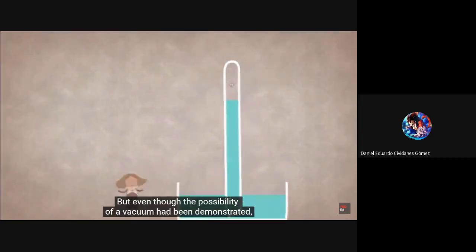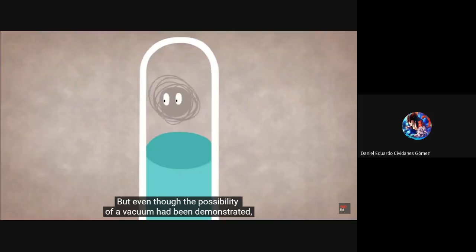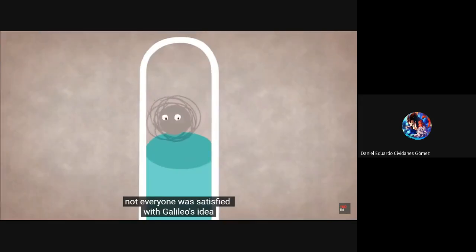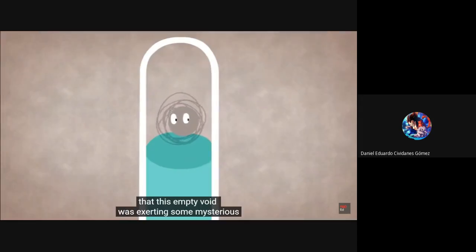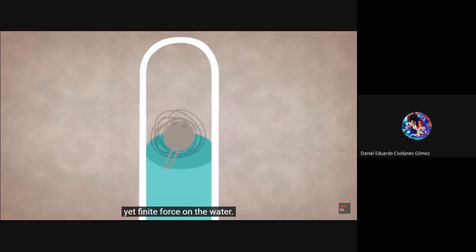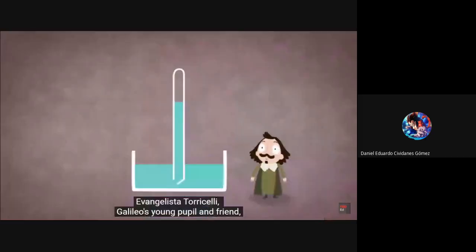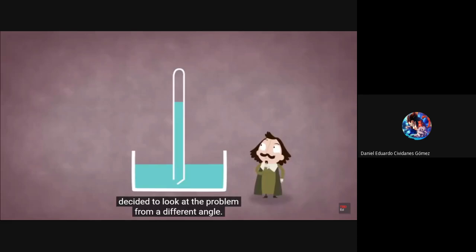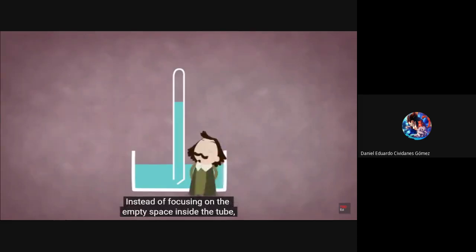But even though the possibility of a vacuum had been demonstrated, not everyone was satisfied with Galileo's idea that this empty void was exerting some mysterious yet finite force on the water. Evangelista Torricelli, Galileo's young pupil and friend, decided to look at the problem from a different angle.